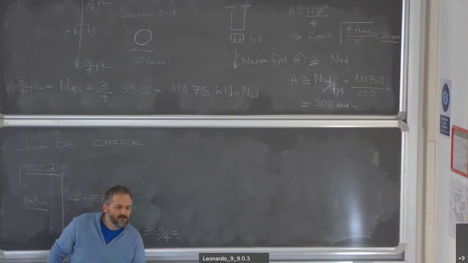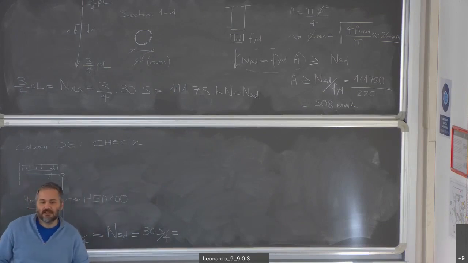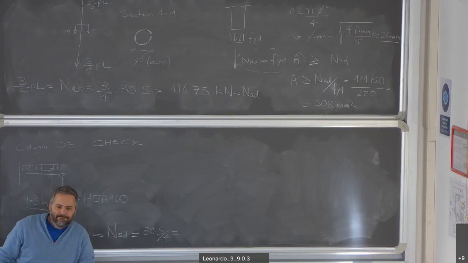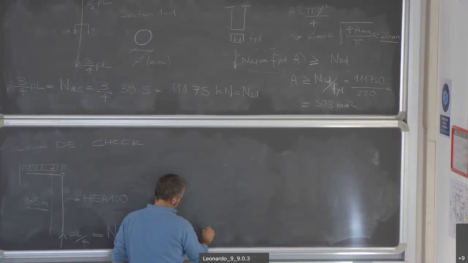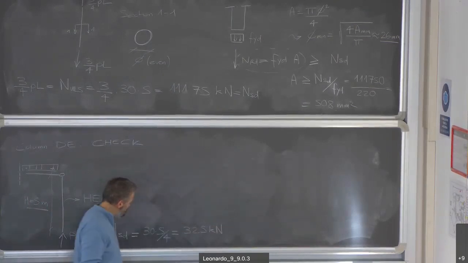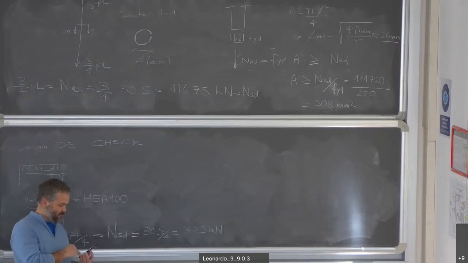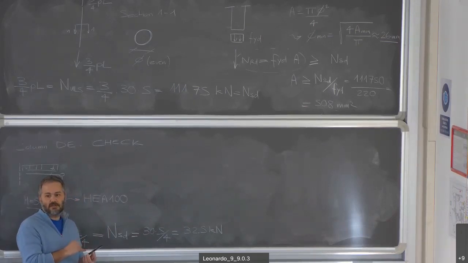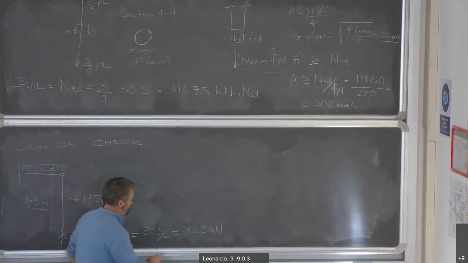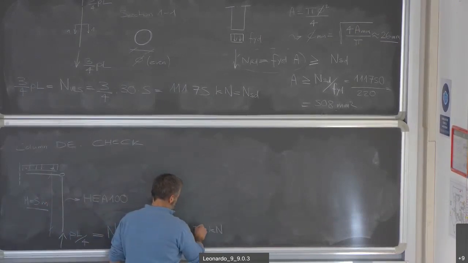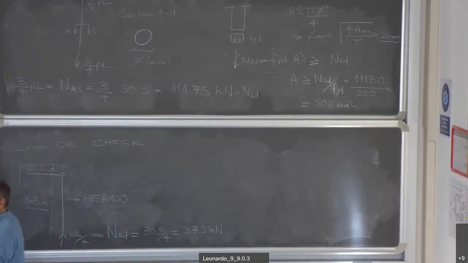So it will be 150 divided by 4, which is 37.5. This is the acting load.